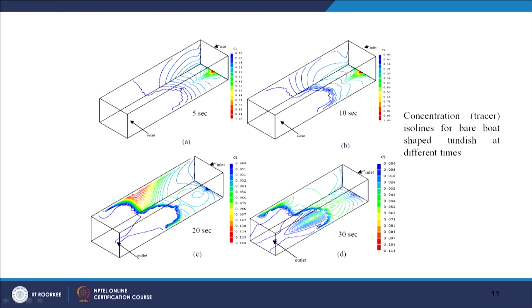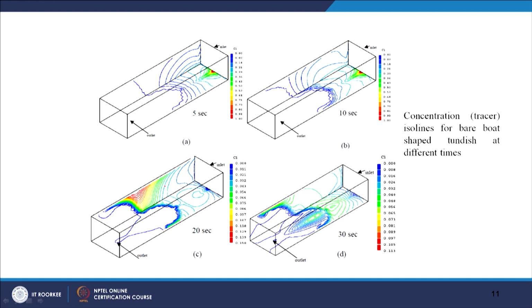At the initial time of 5 seconds, the concentration is maximum at the inlet, and as time progresses the value goes down because the tracer is moving. At 20 seconds, the tracer is moving more towards this side, so the concentration is more here, and then it appears through the outlet.